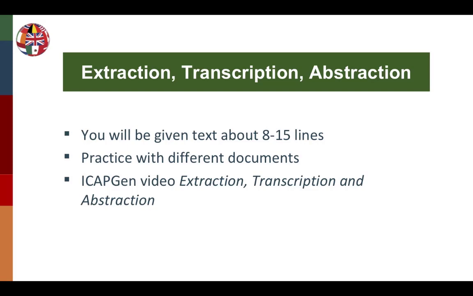So you need to practice with the different wording that you see in different documents and transcribing those. That will help you to do it quickly if you're familiar with the different elements of different documents. Also, there's an ICAPGen video on extraction, transcription, and abstraction that goes into a whole lot more detail on how to do this, and I highly recommend that you take the time to watch it as well.